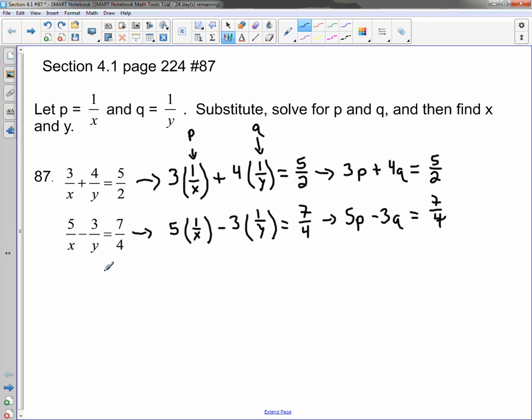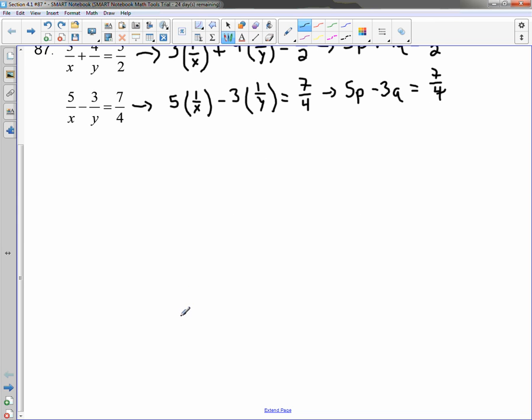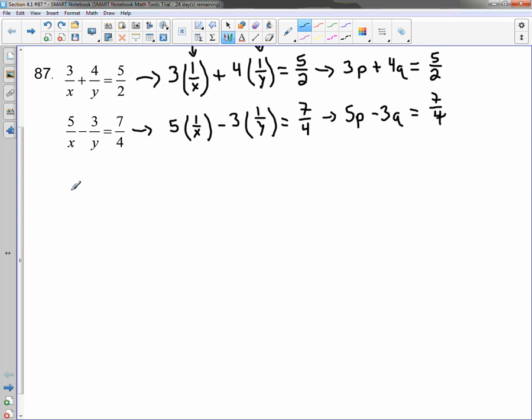Okay, so now let's go ahead and solve those like we've been solving them before. So I'm going to extend this a little bit. I have 3P plus 4Q equals 5 over 2, and I have 5P minus 3Q equals 7 over 4.